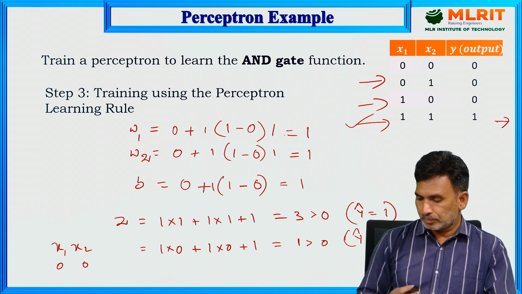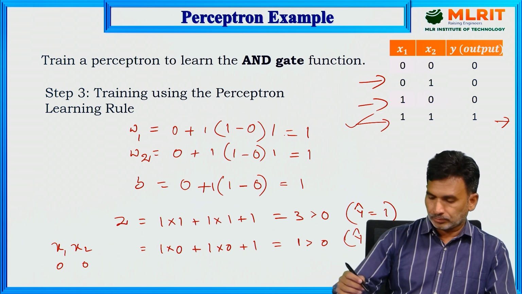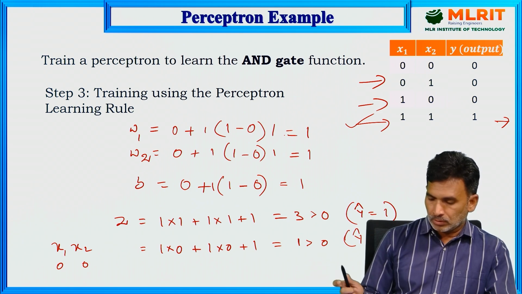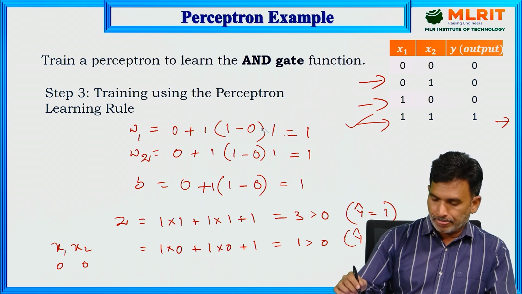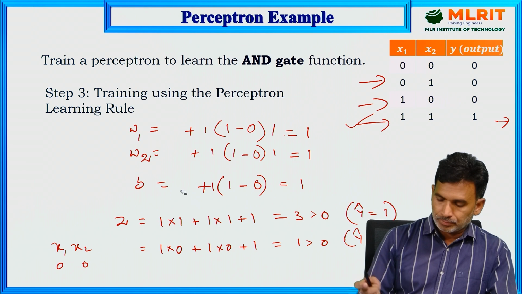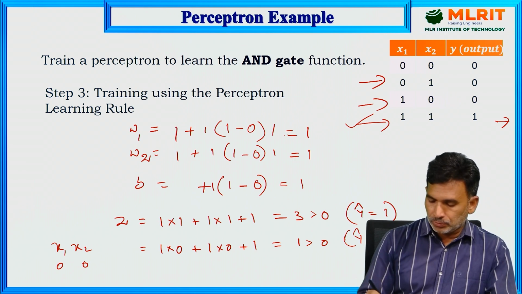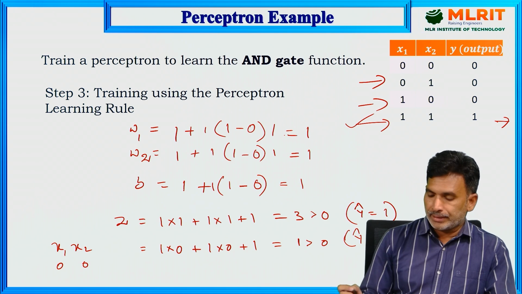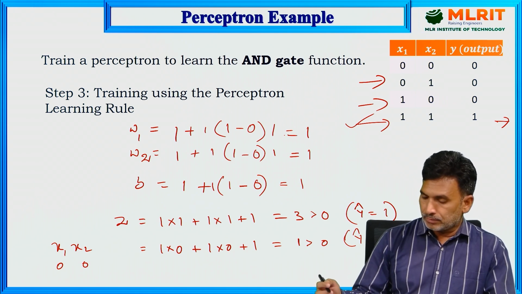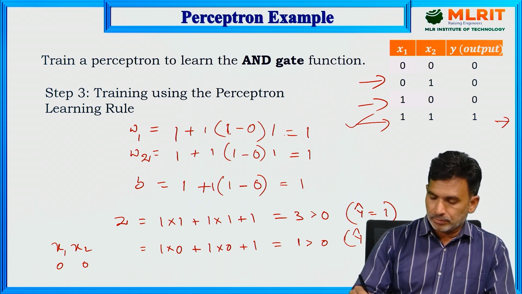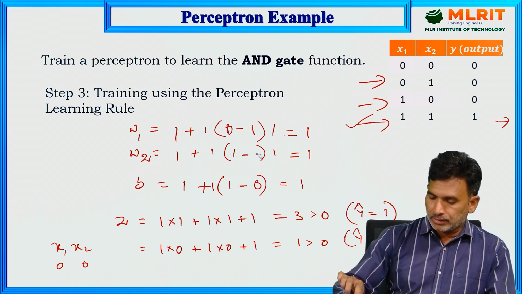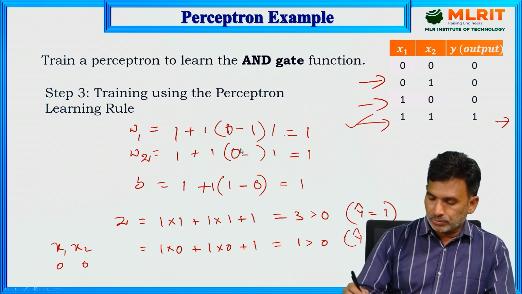Now let us check. I'm going to remove this part. So W1, W2 and also the B1. So learning rate is same 1 and y true value 0 here. Y2 is 0 and the predicted value is 1. So similarly in this case also, true value 0, predicted value is 1, and similarly here for bias also. So 0, 1.